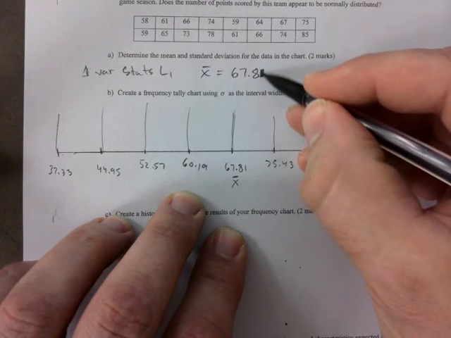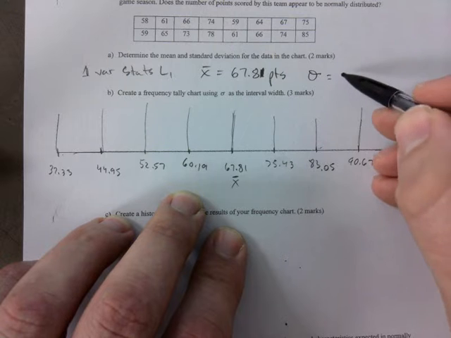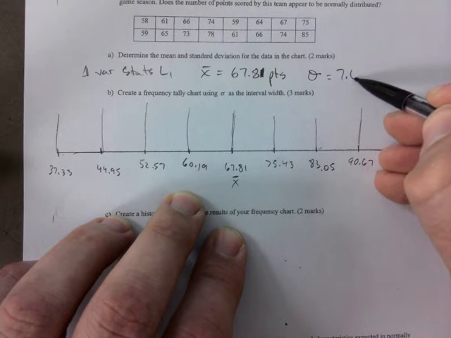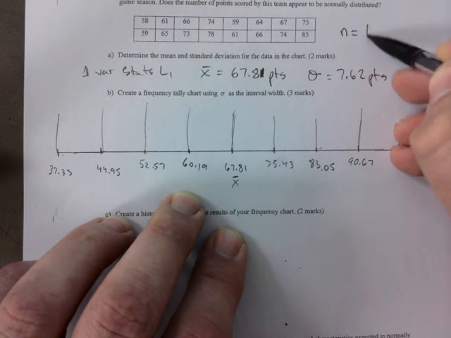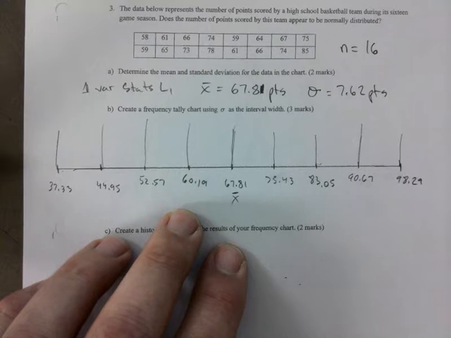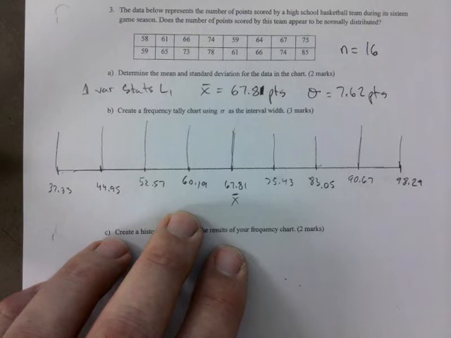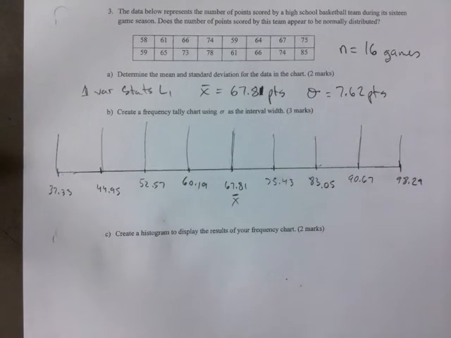Points, yeah. We'll just go points. And the standard deviation is 7.62 points. And I will make sure N, in this case, it's 16 individual players? Oh, games. I should read my question now. So we're talking 16 games.